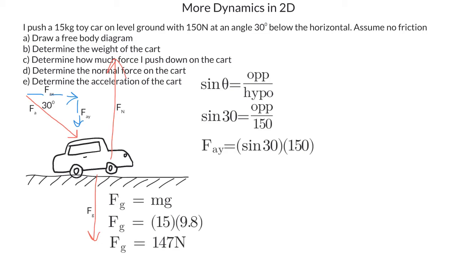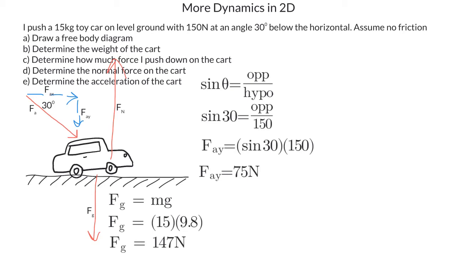And when we multiply that through, we should get 75. So, we got 75 newtons. Okay, so that's C, determine how much force I push down on the cart.